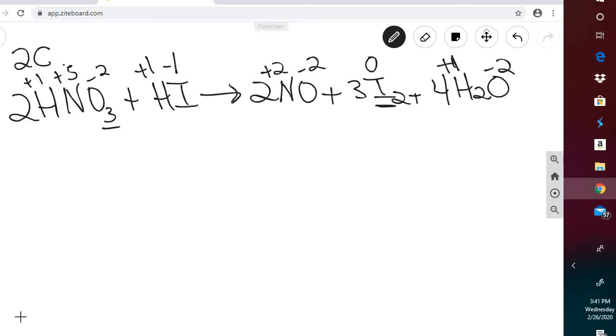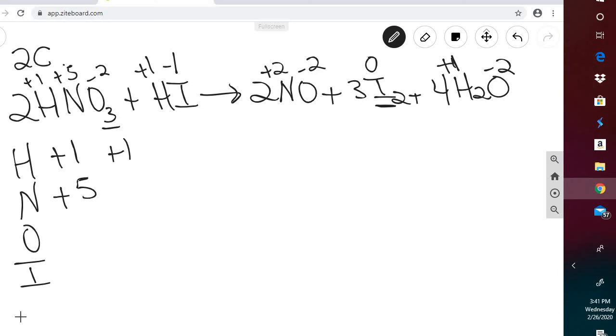Okay, so then again, we look to see what happened. The hydrogens, the nitrogens, the oxygens, and the iodine. So hydrogen went from +1 on the reactant side and it stayed +1 on the product side. The nitrogen went from +5 to a +2.